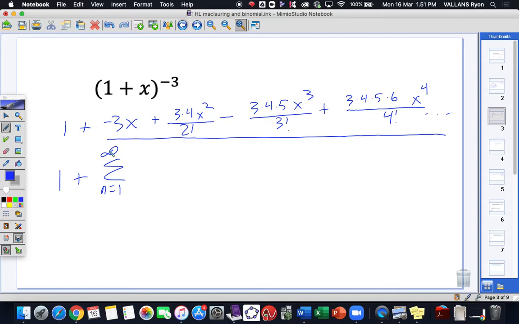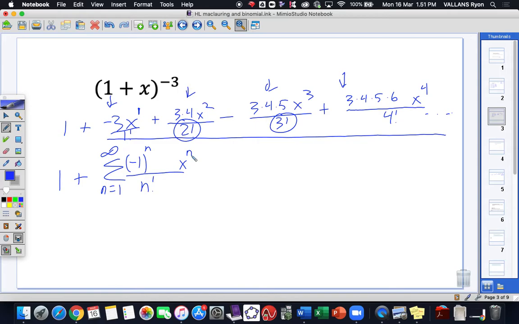Well, if n equals 1, I'm going to take care of that negative sign, because it goes negative, positive, negative, positive. So I can just do negative 1 to the n. That takes care of my negative sign. Now I don't have to worry about that. I can also take care of the denominator, because whichever term it is, it's just n factorial. Then on the top one, I notice that if this is 1, that's my n on this one. So I can go x to the n on this one.